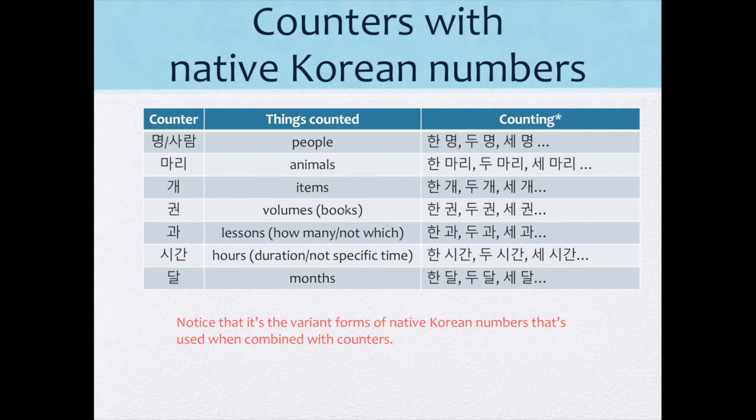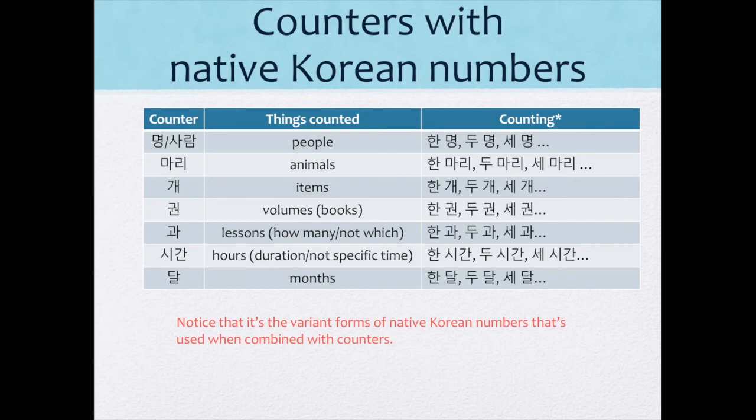권, volumes, as in books. 한 권, 두 권, 세 권. 과, lessons. You're already familiar with that, right? So 한 과, 두 과, 세 과. What I meant here is when you're counting how many lessons you're talking about at a time, as opposed to lesson 1, lesson 2, which is called ordinal.